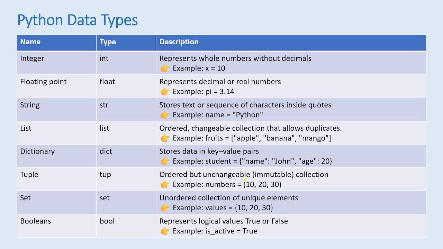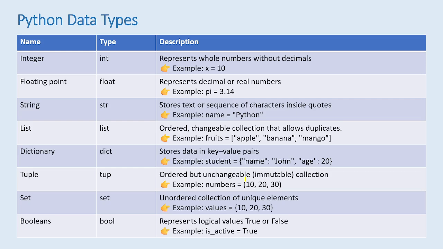So this list will maintain this sequence and it is changeable, which means we can add new values to this list. We can remove the existing values, or we can override a value also. List is a changeable collection and it allows duplicates also. So if we want to add the string mango two times in this list, that is also possible. List allows that.